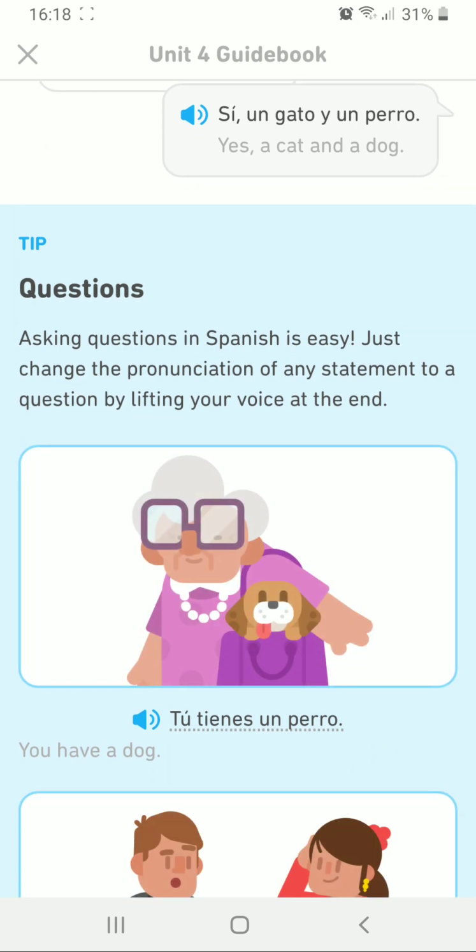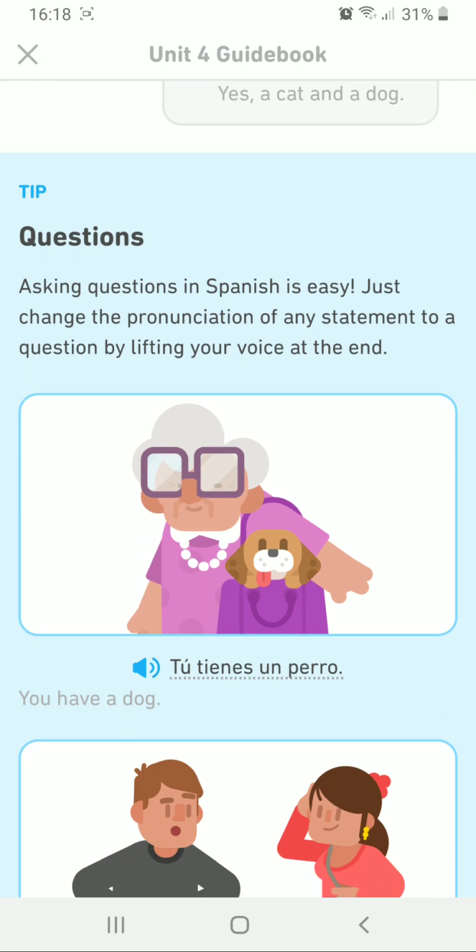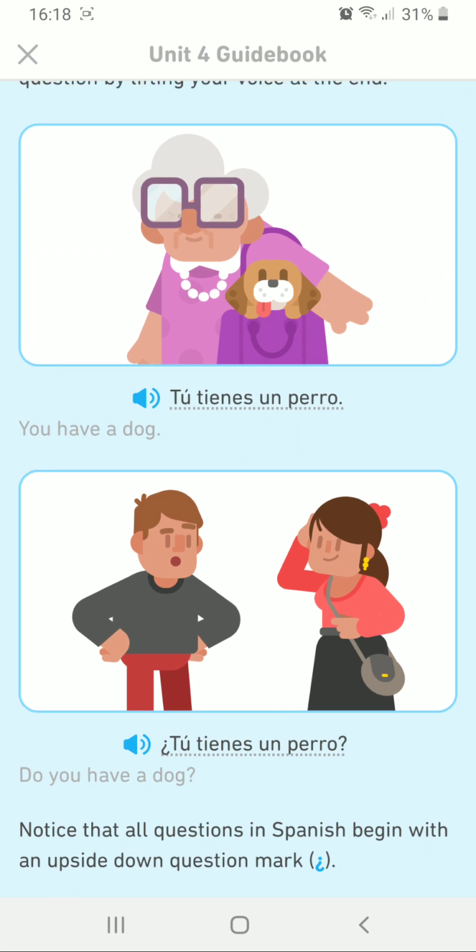So, how to ask questions in Spanish? Asking questions in Spanish is easy. So, es muy fácil. Just change the pronunciation of any statement to a question by lifting your voice at the end. So, by using intonation, in other words. ¿Tú tienes un perro?